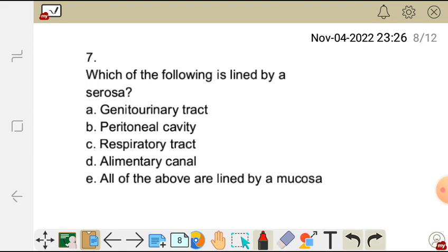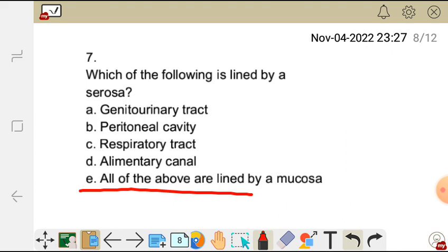Which of the following is lined by a serosa which secretes serum? A, the genitourinary tract; B, the peritoneal cavity; C, the respiratory tract; D, the alimentary canal; E, all of the above are lined by a mucosa.